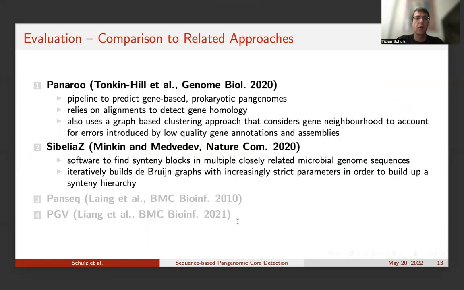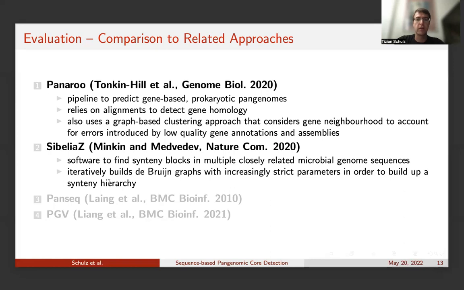We tested our implementation in comparison to other related approaches. First, we used an approach that is actually the classical gene-based approach. So Panaroo calculates a pangenomic core that is gene-based. And then we used also a tool which is able to calculate a sequence-based pangenomic core. SibeliaZ is actually not a tool that was developed for doing this.